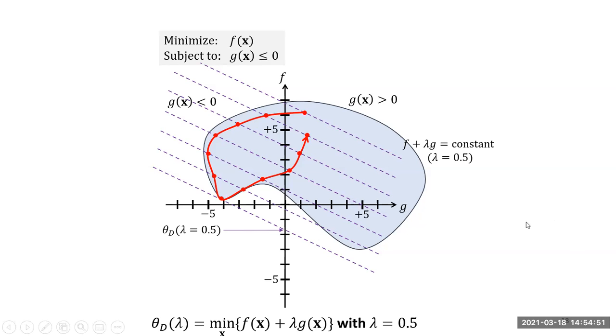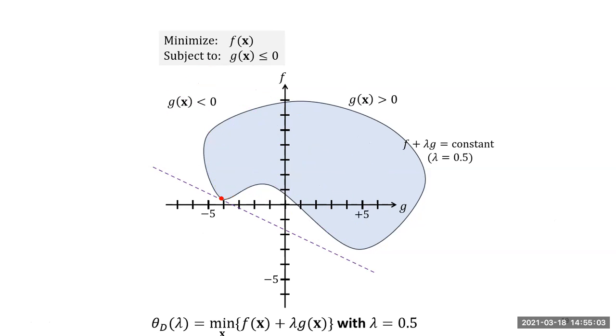It's just a graphical illustration, okay? Just assume that somehow I hit the minimum. I'm not telling you how. So this is the point g(x), f(x) for some value of x.